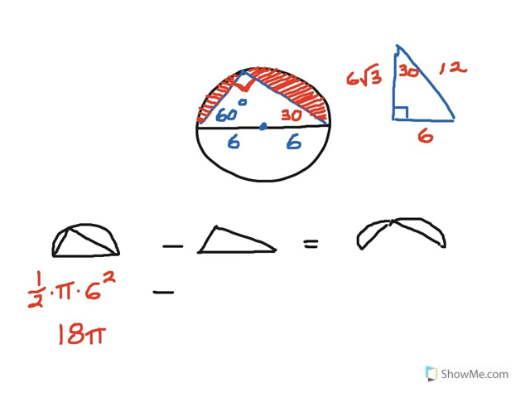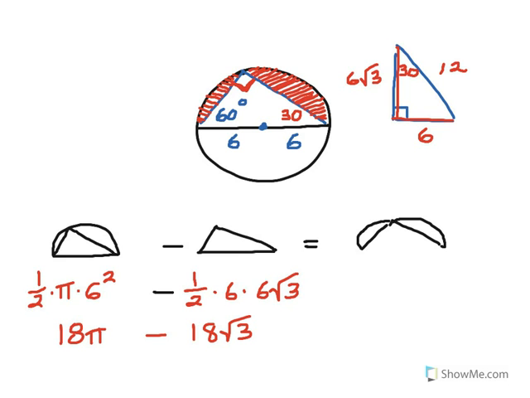So I can use the 6 as the base and the 6√3 as the height. So the area of that triangle is 1/2 base of 6 times height of 6√3. That represents half of 36√3, so 18√3.